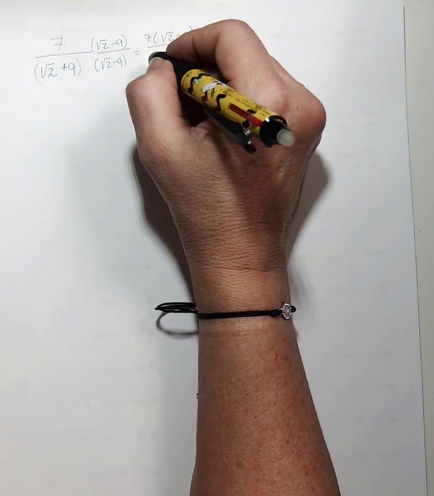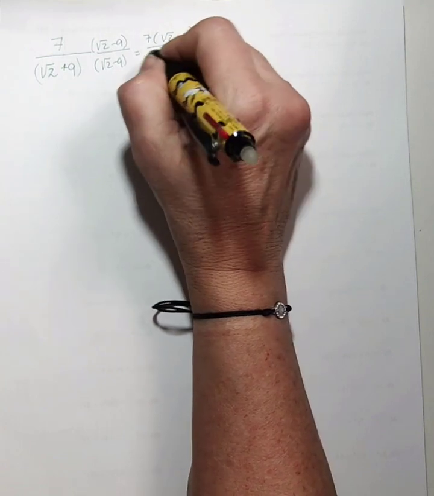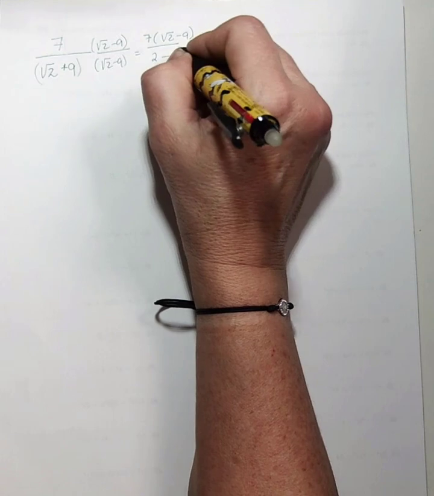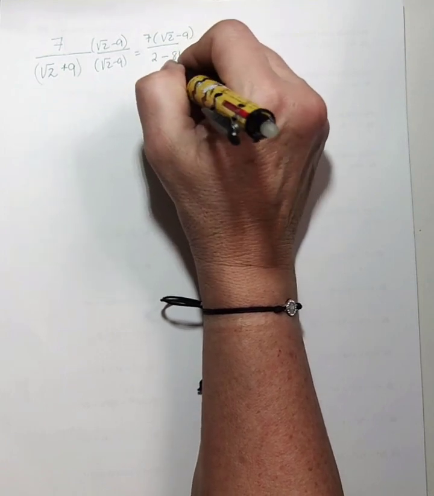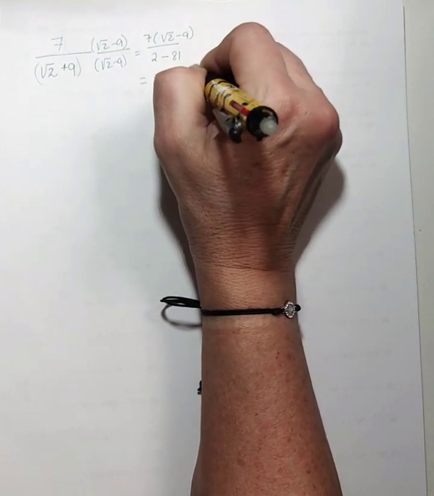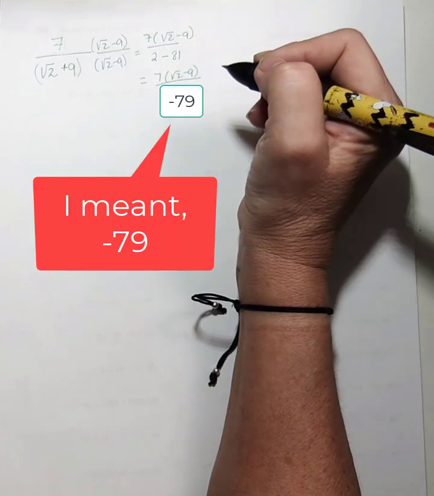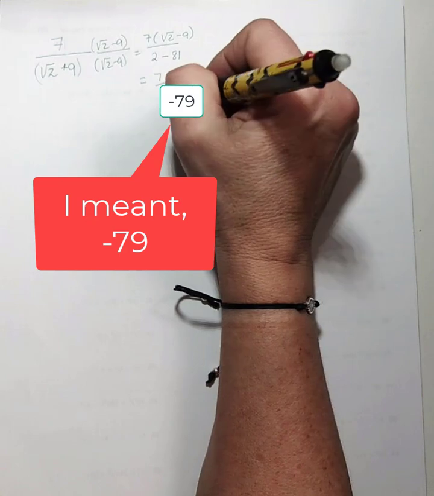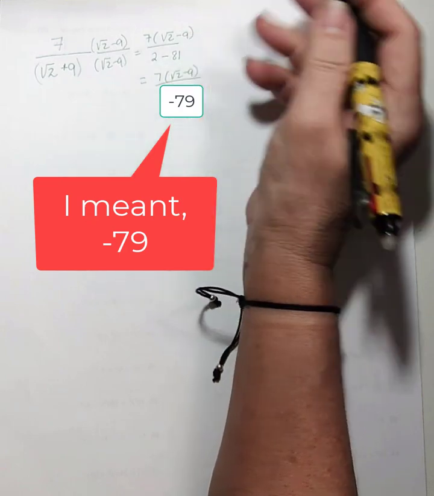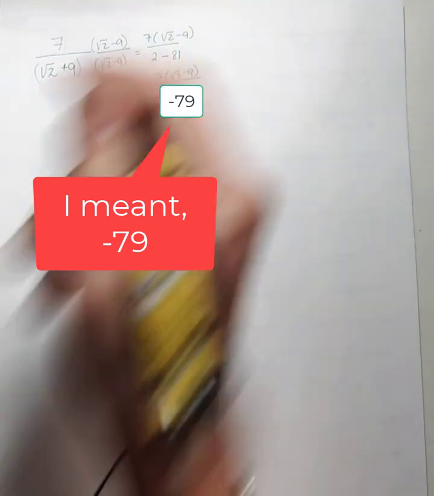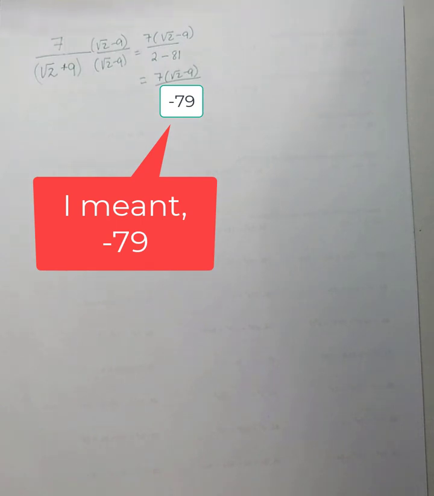Square of the first would be the square root of 2 squared, which would give me 2. Square of the second, 81. So I'd have 7 square root of 2 minus 9, over -79 in here. And nothing can go into this, so we'd leave it just like that to see that it's totally factored in there.